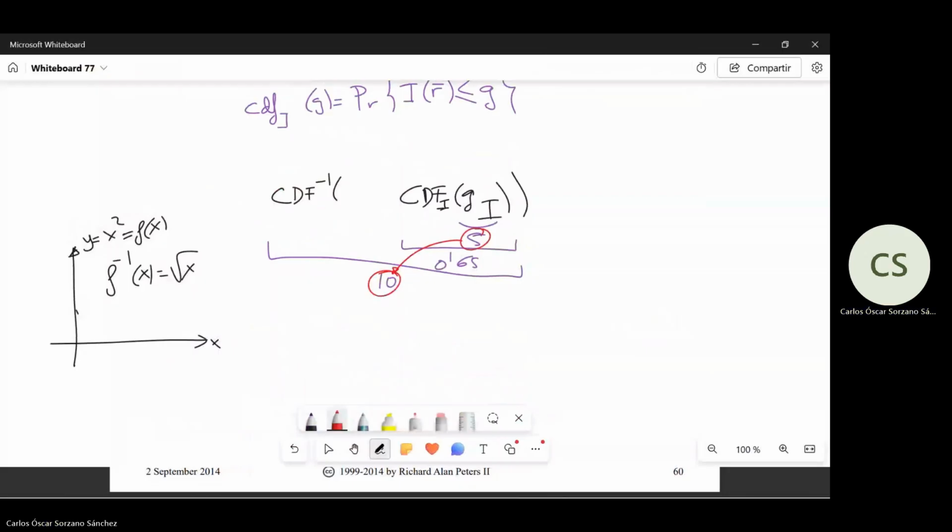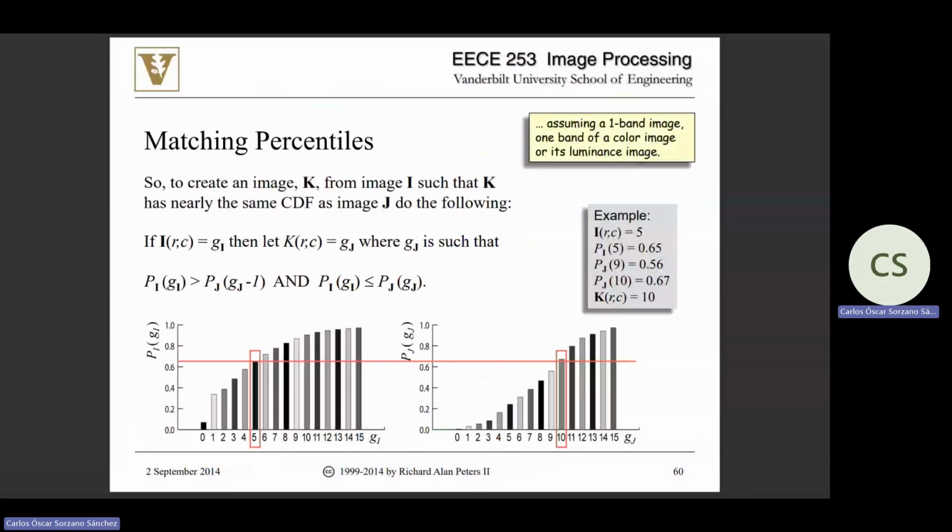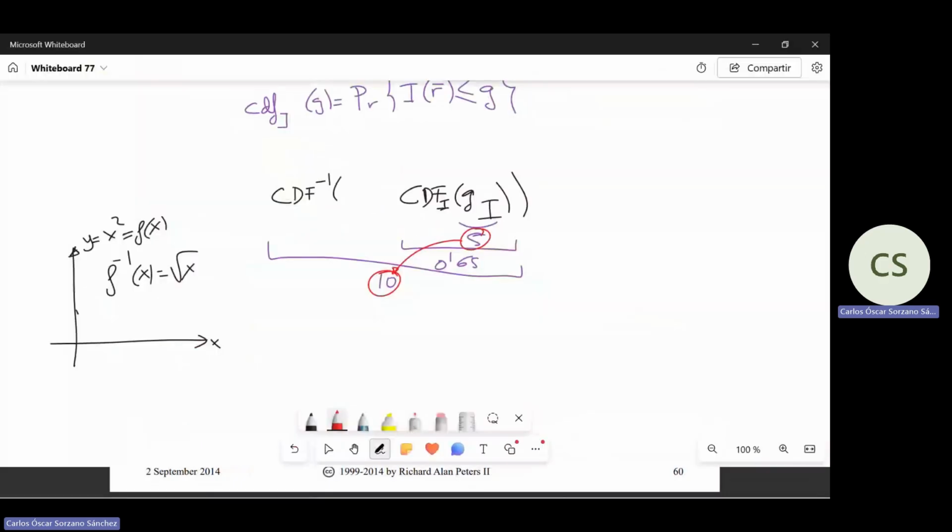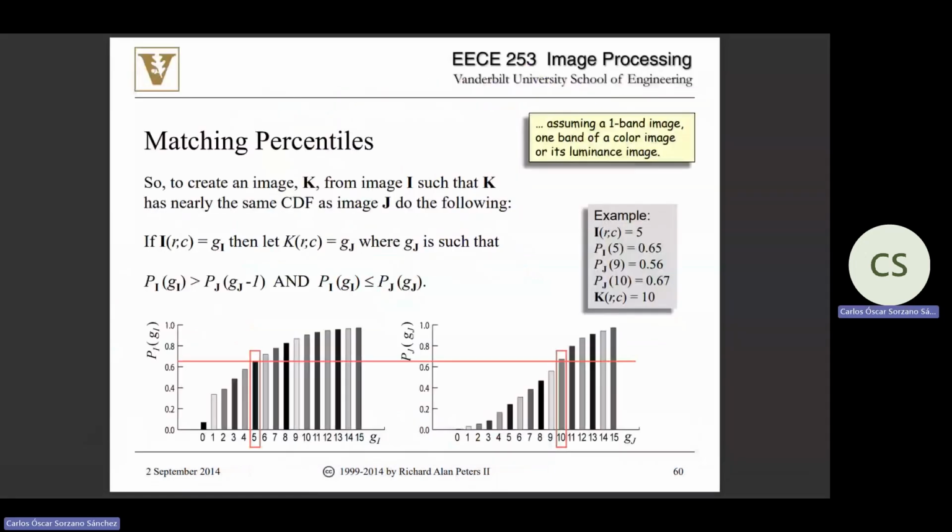This condition is simply because in general, you will not find exactly the same value. But the goal, if you could, would be this one.